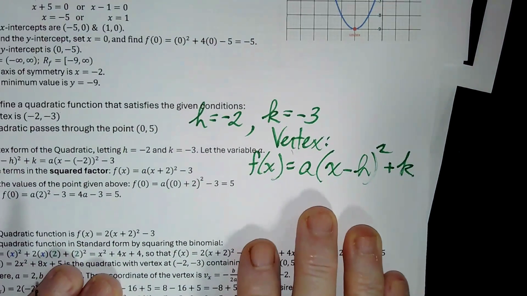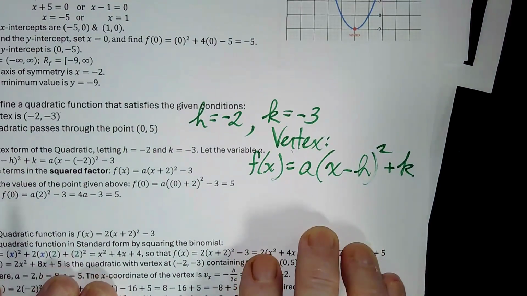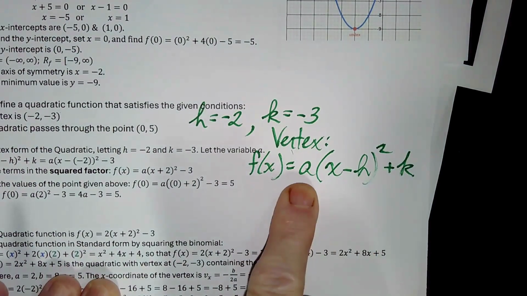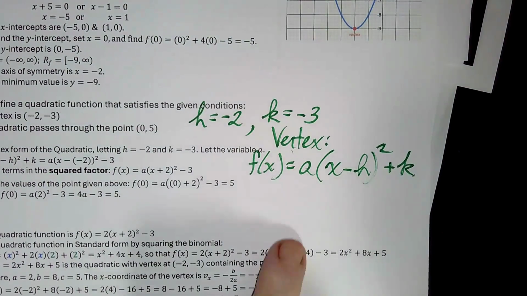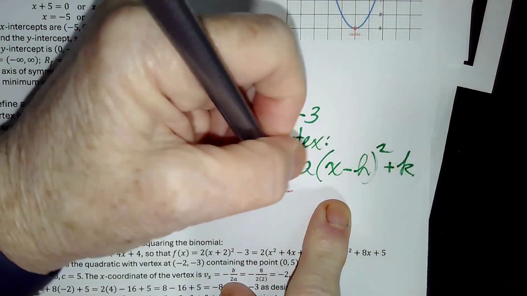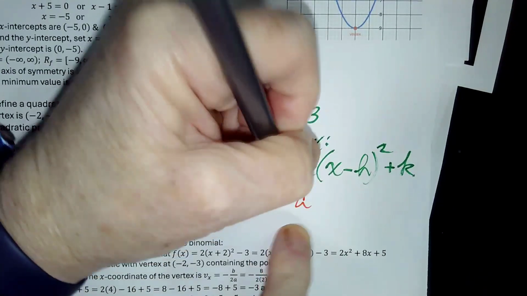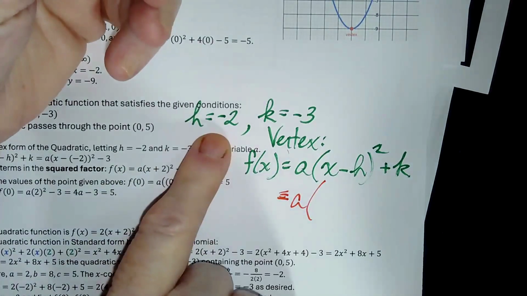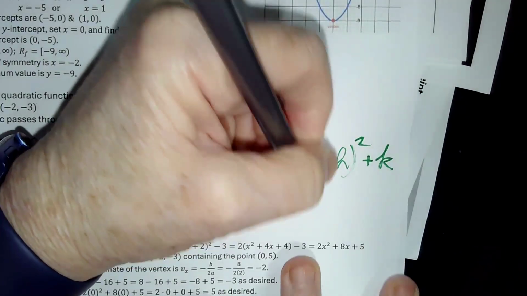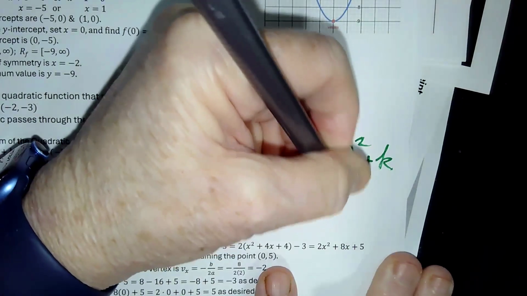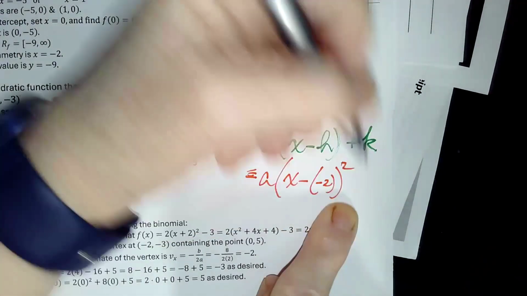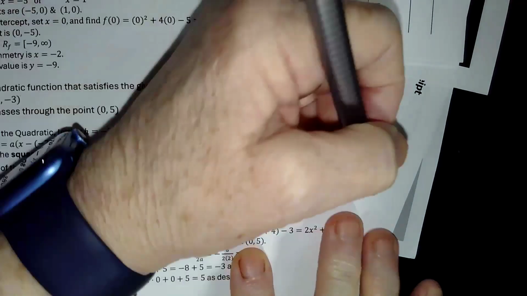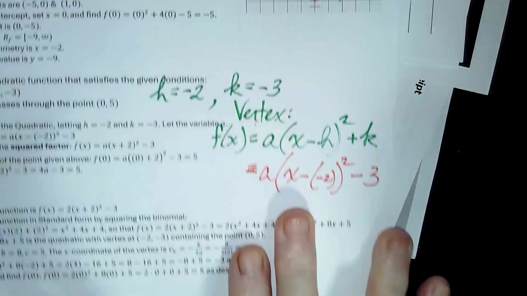And now I'm going to carefully put in the h and the k, and I want to leave the a and I want to leave the x. So h, we said, was -2, so we've got x minus -2, and then plus -3, so -3.